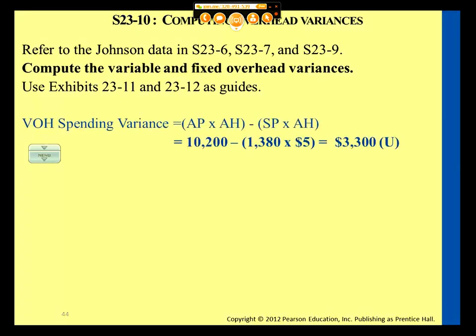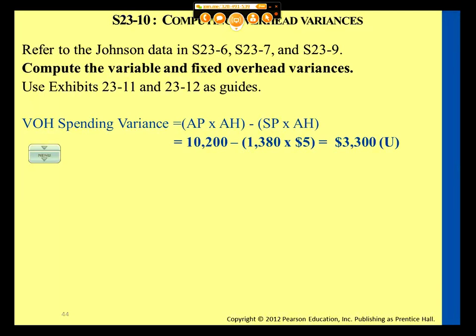All right, so when we are calculating our spending variance, we want to remember the formula, right? The formula is actual price minus standard price, multiplied by the actual hours. So we take the actual hours into the brackets: we get our actual price multiplied by actual hours minus standard price by actual hours.